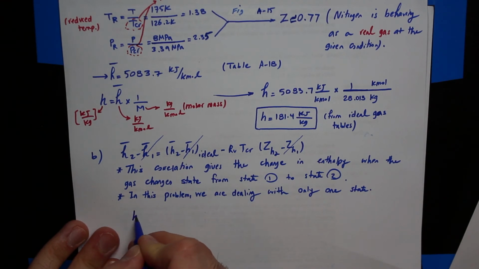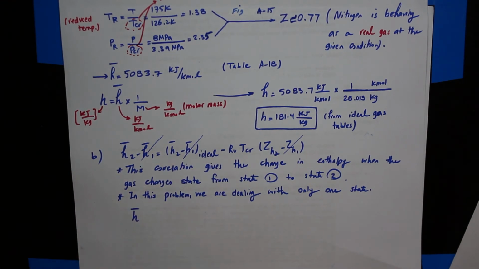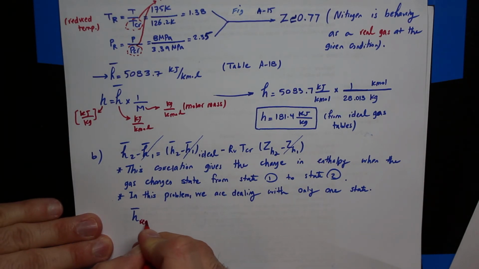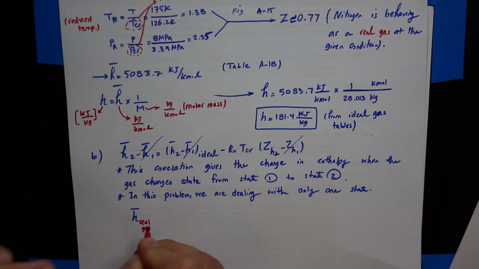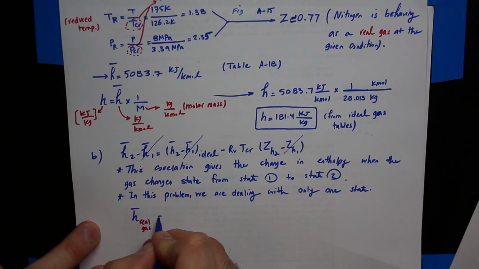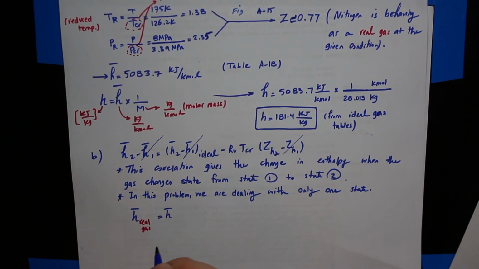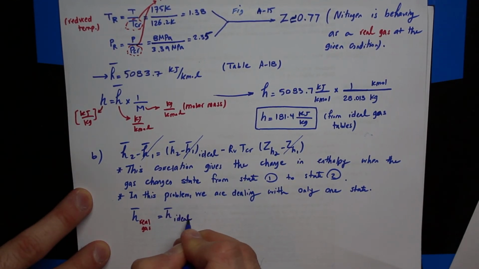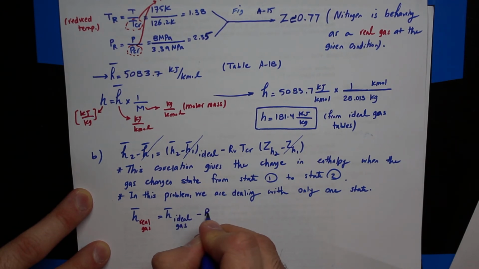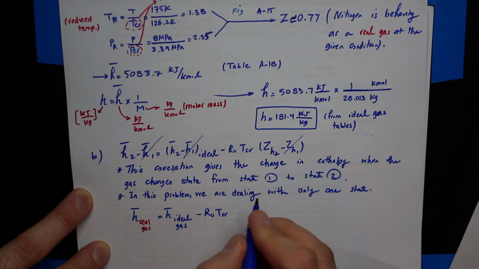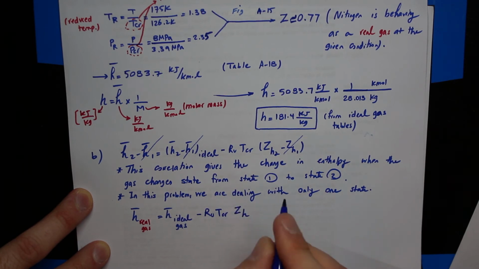So basically I will end up with H bar real gas is equal to H bar ideal gas minus RU T critical ZH.